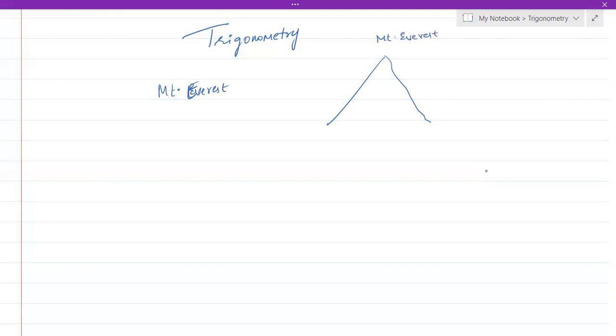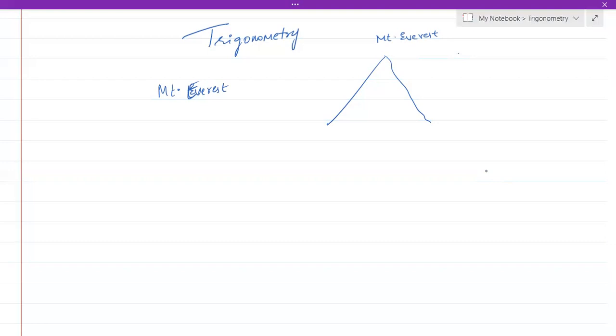Imagine, is it possible to measure such a big mountain using a measuring tape? Climbing Mount Everest itself is a big task. Only a few people so far have done it. It's not so easy to measure the height of such a big mountain.